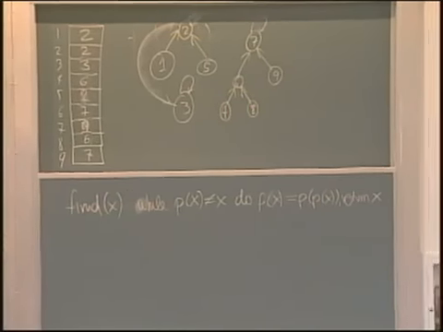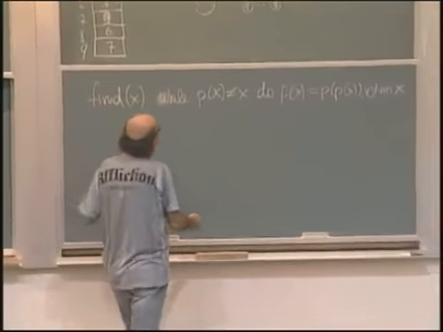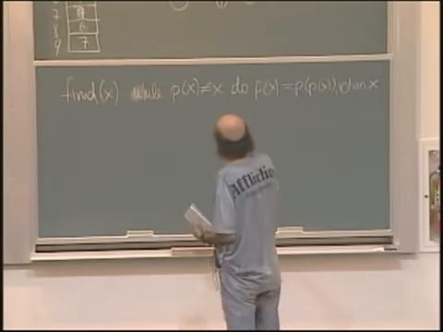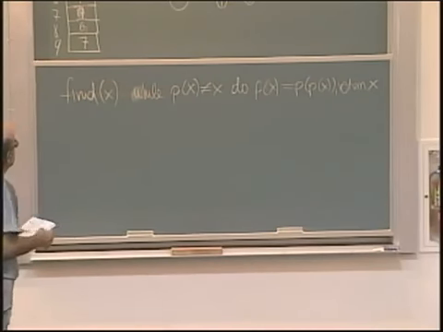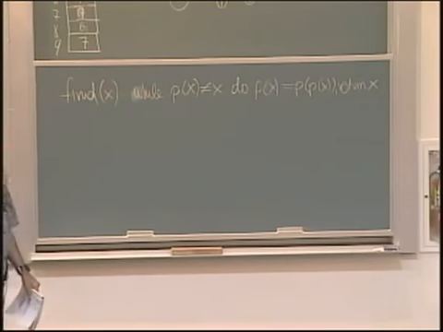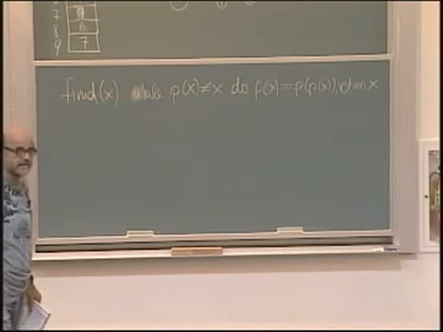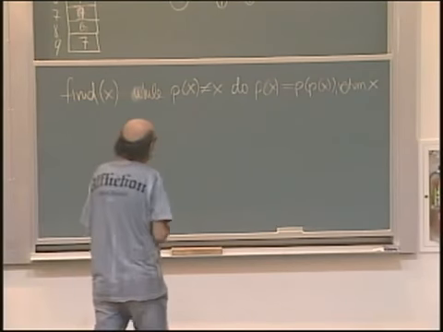Right? So basically what it does, it says, okay, you want me to find the component to which 1 belongs. I climb the pointers until I find a node that points to itself.